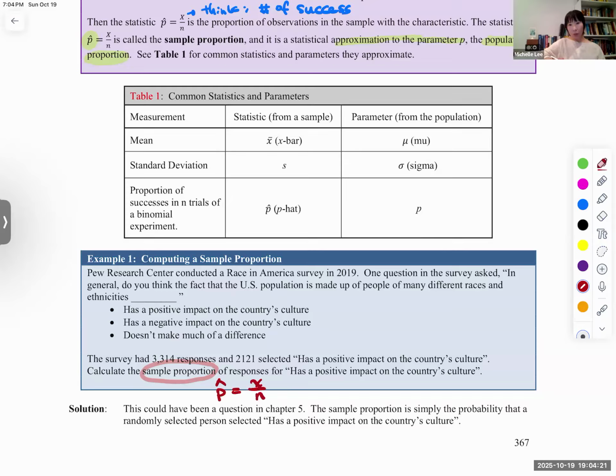X indicates the number of successes, how many people selected has a positive impact on the country's culture. The sample size is 3,314, and the number who say it has a positive impact is 2,121, right? Calculating gives 0.6400. So 64% of people believe that the ethnic and racial makeup of our country has a positive impact on the country's culture, right?